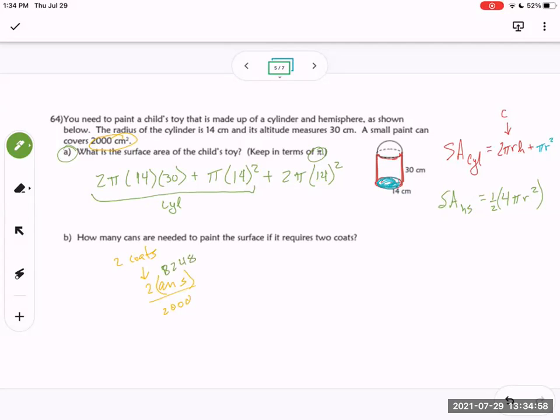Did you multiply that by 2? Yes, it's multiplied by 2. You get like 4.5. Oh, got it. So your number was like 8,428, something like that. And when you divide it by 2, you'll realize that you'll actually need 5 cans, because 4 cans wouldn't be enough. 4 cans only give you 8,000 square feet, so you need 5.